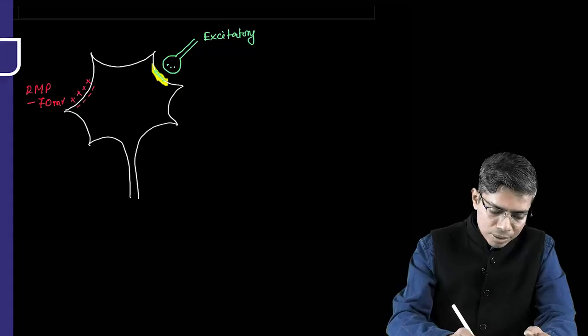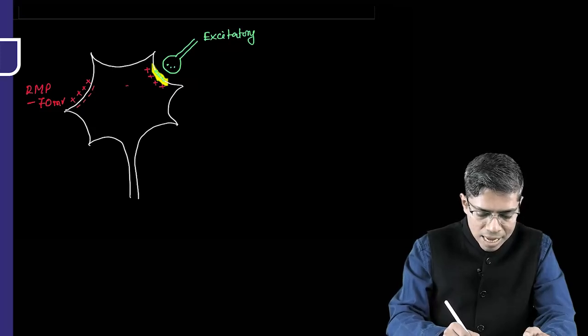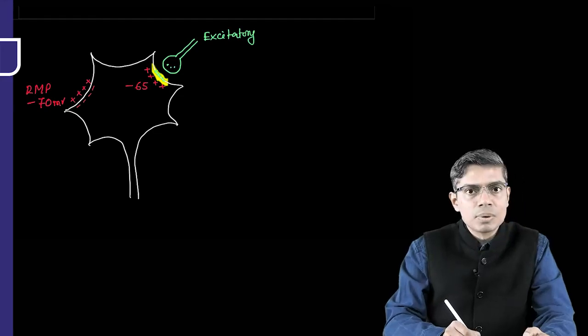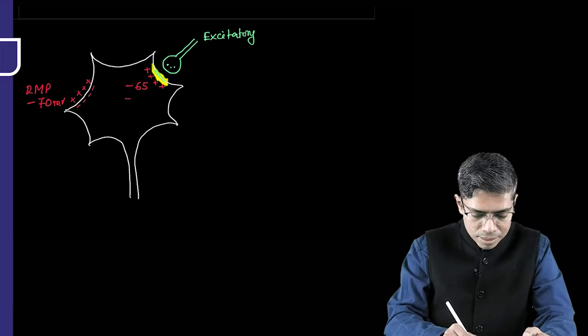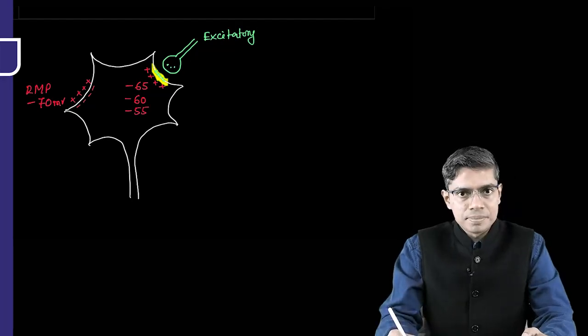Stimulation means what will happen to the membrane voltage? The membrane voltage will change gradually towards depolarization. For example, it may go up to minus 65, maybe minus 60, maybe minus 55, or maybe more positive.